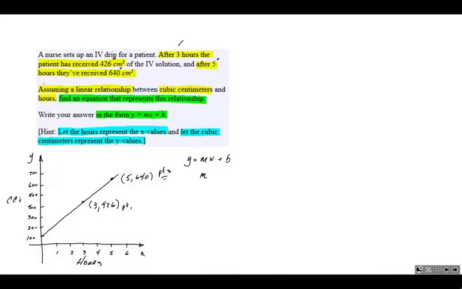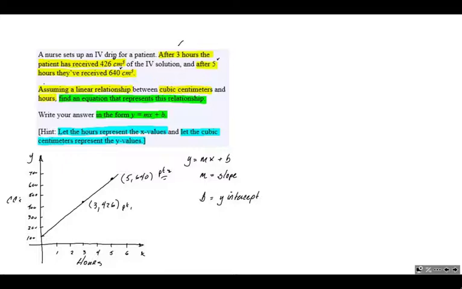Recall too that m in this equation form represents the slope of the line, and b represents the y-intercept of this line. The y value on this line when the line passes through the y-axis, where the value of x is 0.